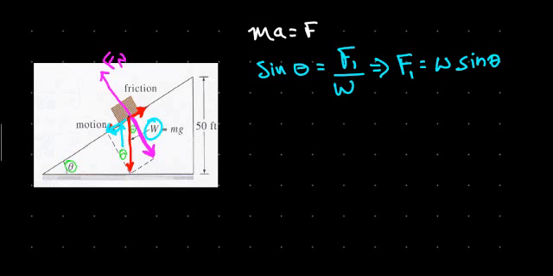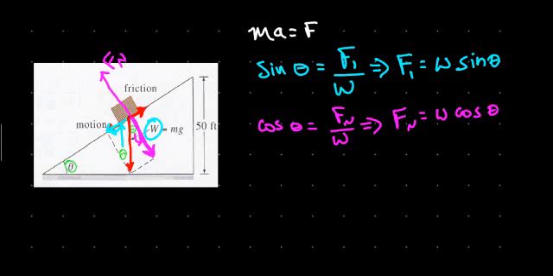So again, we're going to look at this angle, and this is the adjacent over hypotenuse. So we get that cosine of theta equals my normal force over the hypotenuse, which implies that my normal force equals W cosine theta.